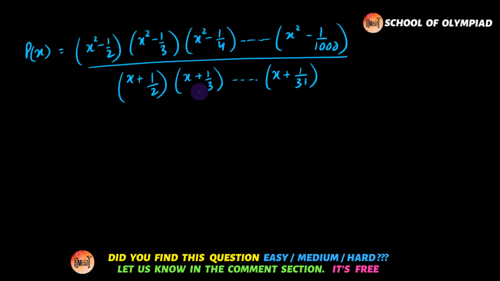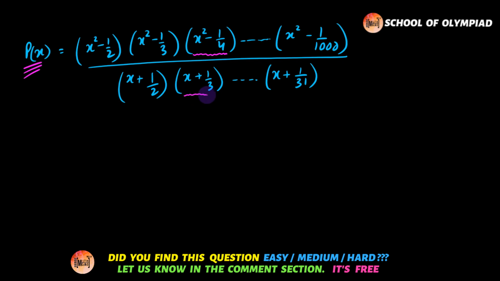Moving on a similar basis, the answer to our original question would be that P(x) is equal to x squared minus half into x squared minus 1 by 3 into x squared minus 1 by 4, and so onwards up to x squared minus 1 divided by 1000, divided by x plus half, because x plus half was multiplied by x minus half to make it x squared minus 1 by 4.